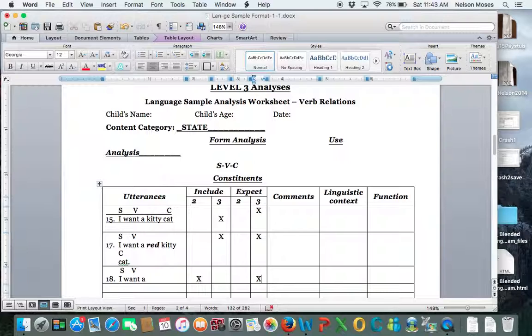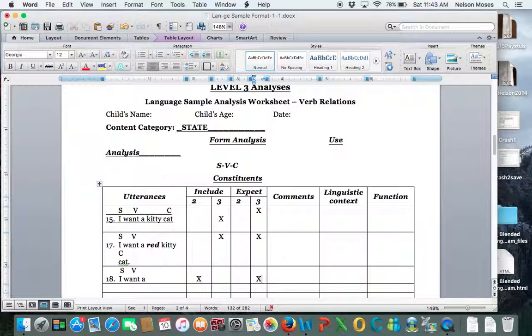One page for state, one for existence, one for locative action, if you identify those in your sample. Only create pages for the types of verb relation content categories you find in your sample at level 3.